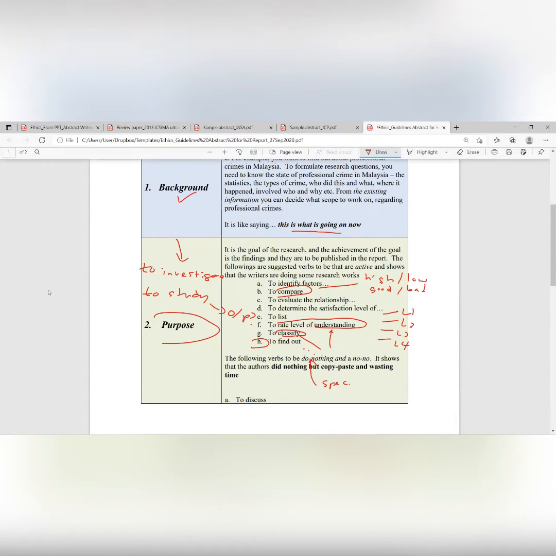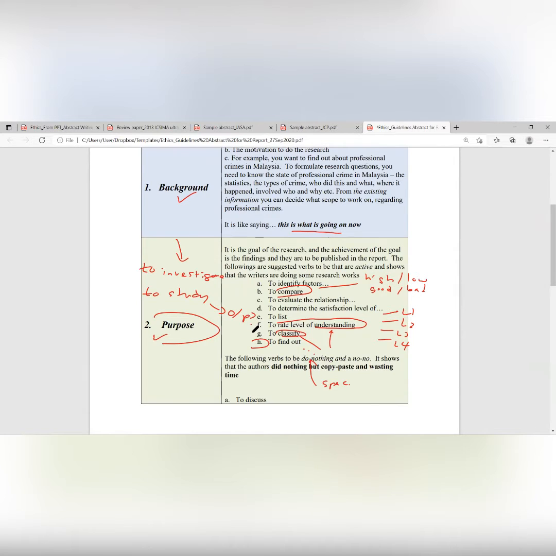So we set up in the purpose, maybe you want to classify, or maybe we want to find out what are the factors that got these people to get involved in the crime and so on, right?